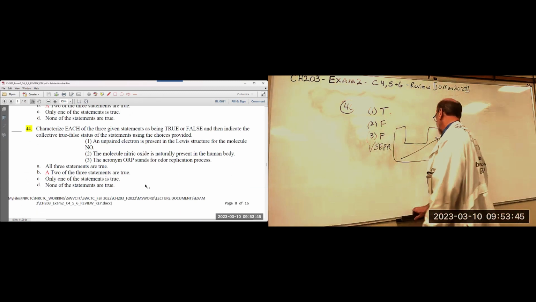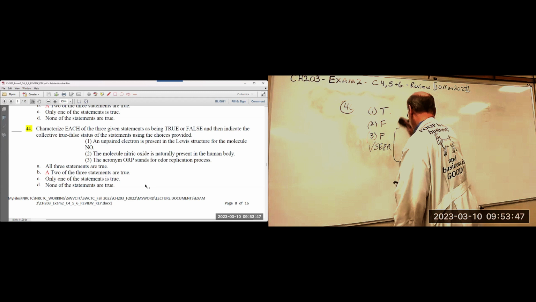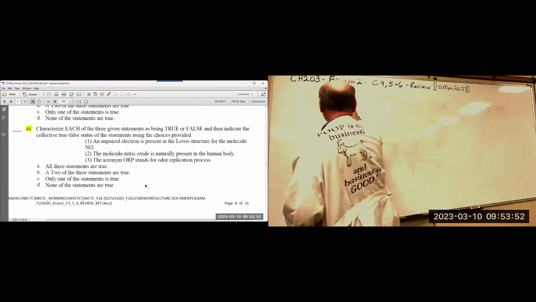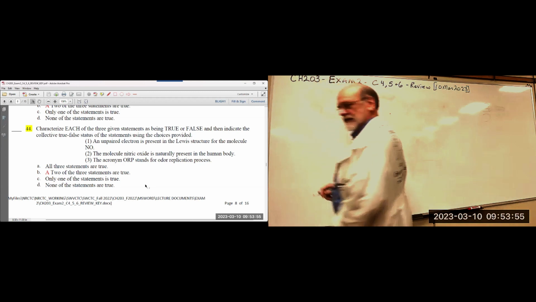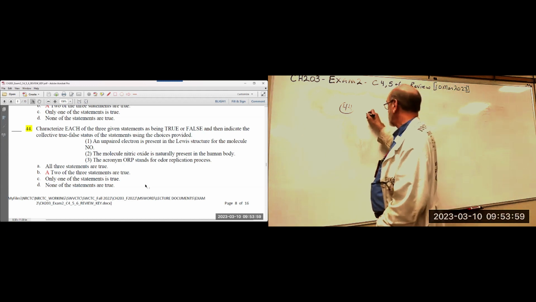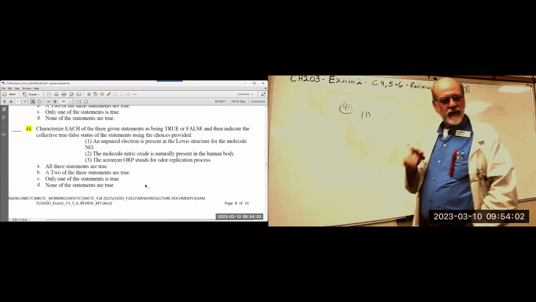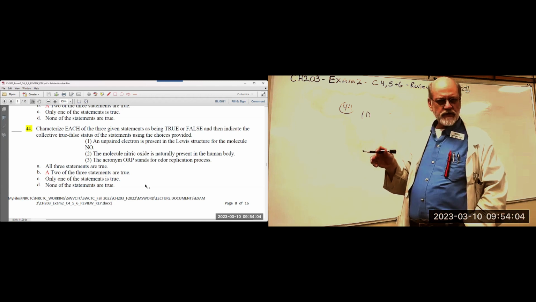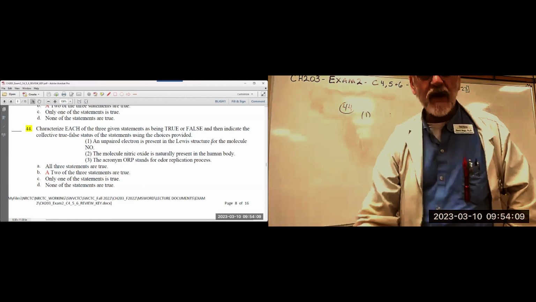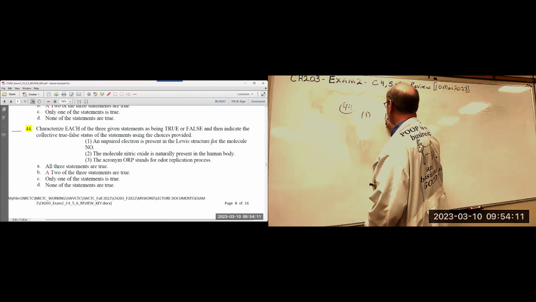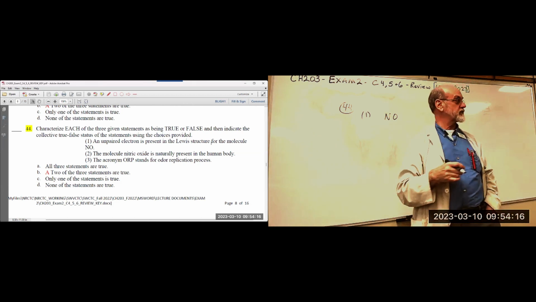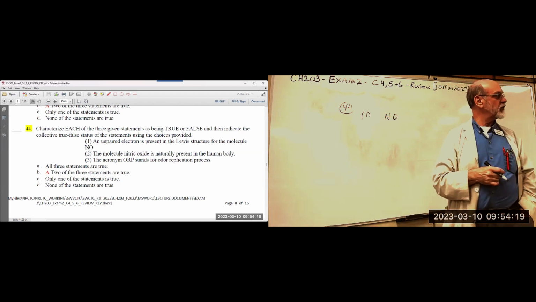44, got another one. All right. An unpaired electron is present in the Lewis structure for the molecule NO. An unpaired electron in the Lewis structure of NO. All right, so we've got to write the Lewis dot structure for NO. N has 5 and O has 6 electrons.